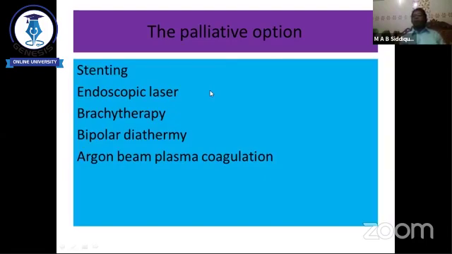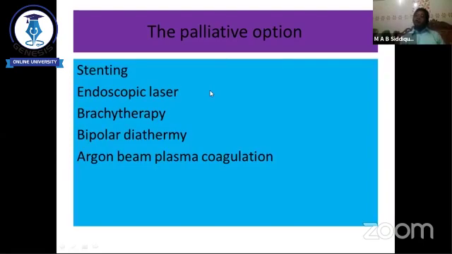Usually we treat cancer patients according to stage. But in carcinoma esophagus, the patient usually presents with malnutrition, so the first priority is the fitness of the patient. This is the exception to other malignancies, where we treat patients according to stage.